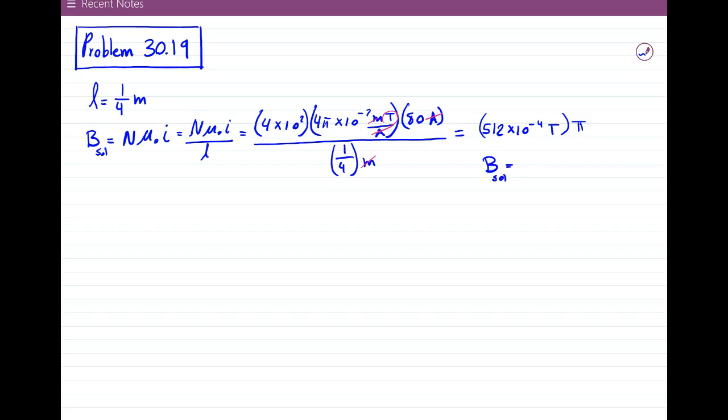That's the magnetic field inside the region enclosed by the solenoid.